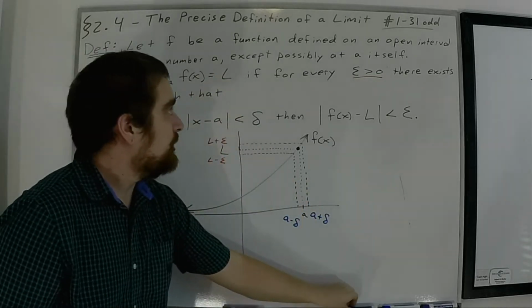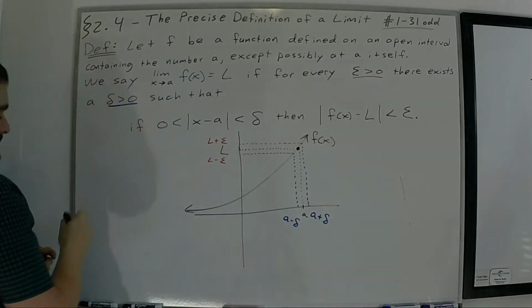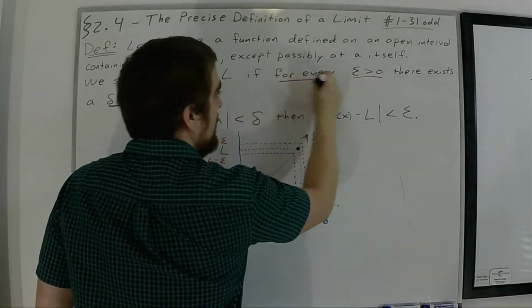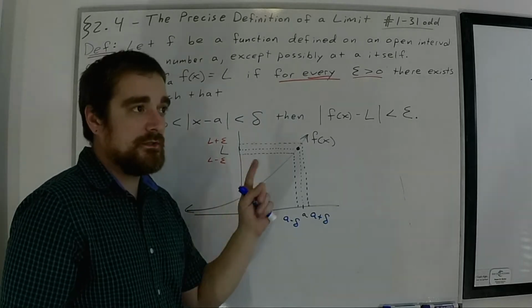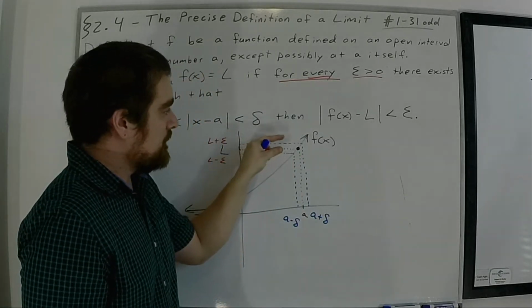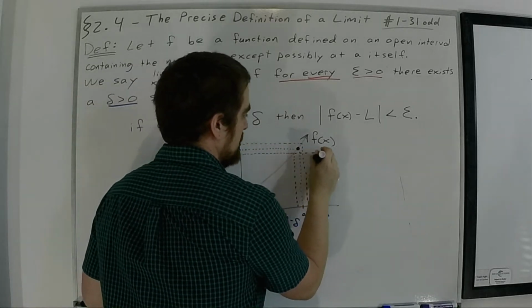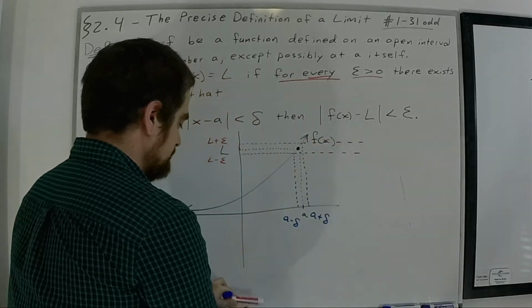Now, this is pretty key here: for every epsilon positive. Keep note of that wording. That means someone could come along and say, try this smaller epsilon. As that window starts to shrink, maybe this will make a little more sense if I extend this out a little bit.